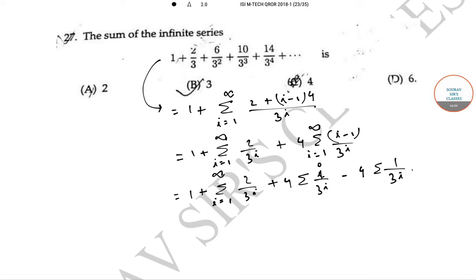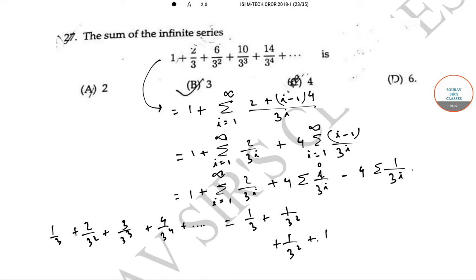Now 1 by 3 plus 2 by 3 squared plus 3 by 3 cubed plus 4 by 3 to the power 4 can be written as 1 by 3 plus 1 by 3 squared plus 1 by 3 squared plus 1 by 3 cubed and so on. So this summation gives us 3 by 4.